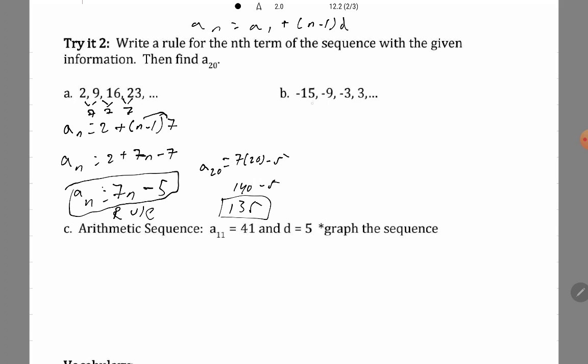Part B. Let's find out our common difference. Plus 6, plus 6, plus 6. Good. That means this is arithmetic, so we can use this formula. a sub n equals the first term, which is negative 15, plus n minus 1 times 6, which is my common difference. Distribute: a sub n equals negative 15 plus 6n minus 6.